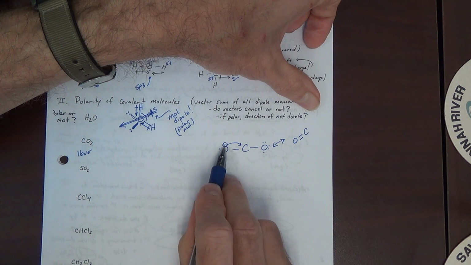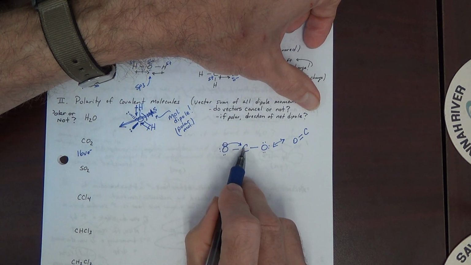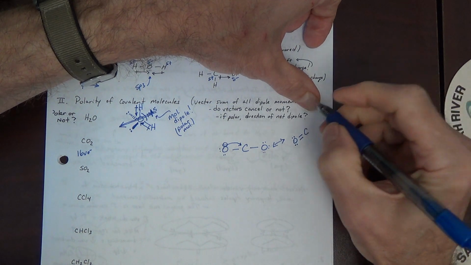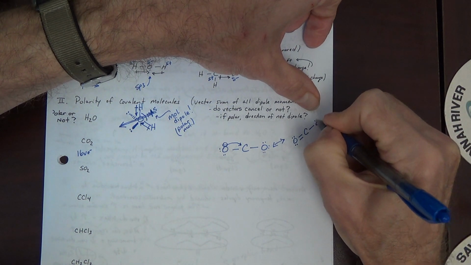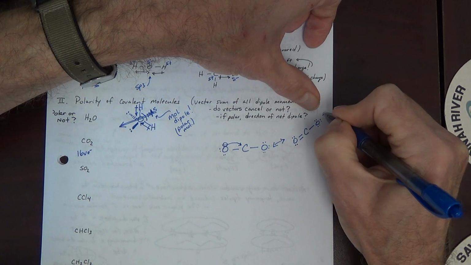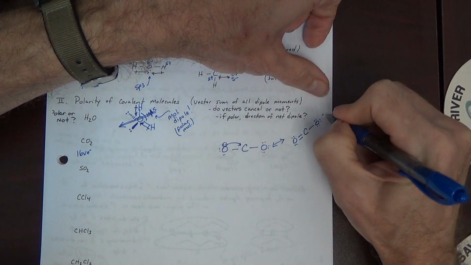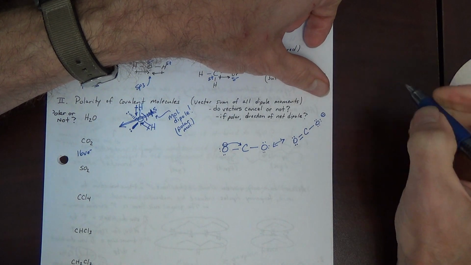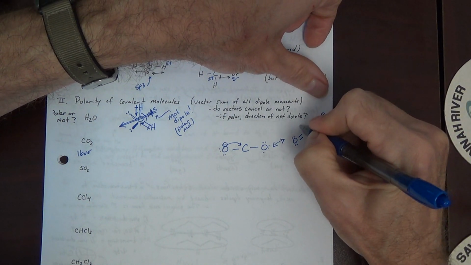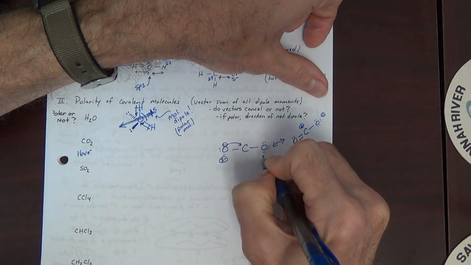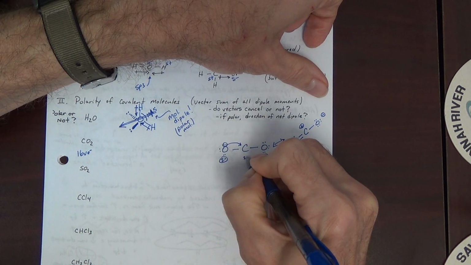We will never take a lone pair and just magically move it over to the carbon. This leaves behind two lone pairs. I want to put charge here. We didn't put any charge over here, but this oxygen is minus. The carbon is plus. If you want to do charges over here, this is 2 minus, 2 minus, 2 plus.